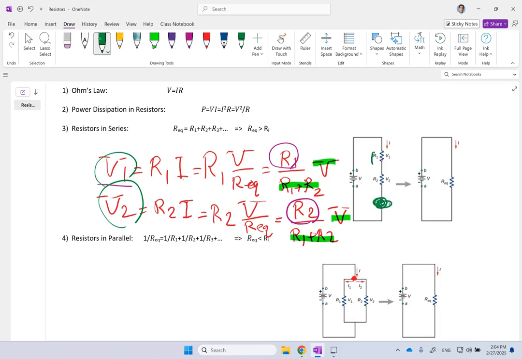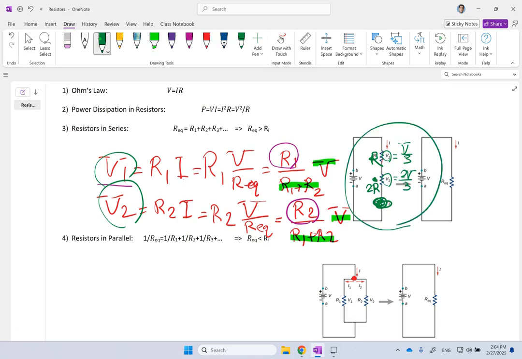If this guy is R and this guy is 2R, how much are the voltages? If this whole voltage is V, this guy should take 2 times more than the other one, because the resistance of it is 2 times bigger. So this guy is going to get 1/3 of the voltage, and this guy is going to get 2/3 of the voltage.